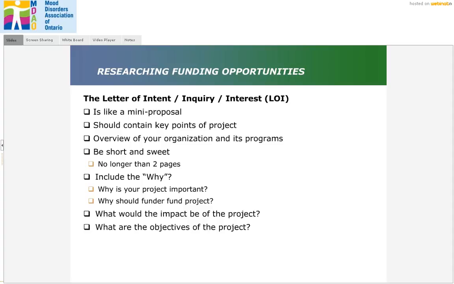Now, with regard to the letter of intent, sometimes funders will then provide you with a formal application form, or will invite you to submit a formal, fuller proposal.